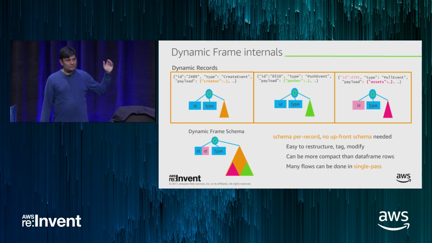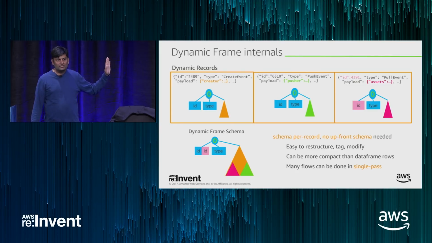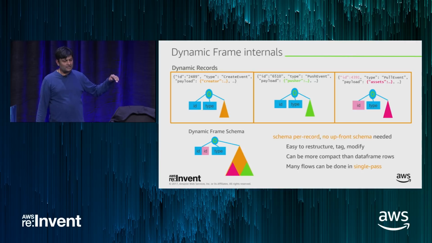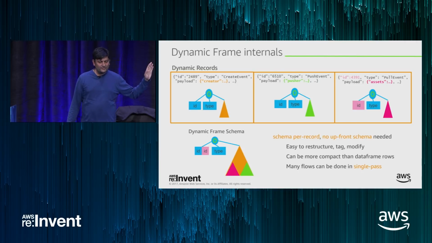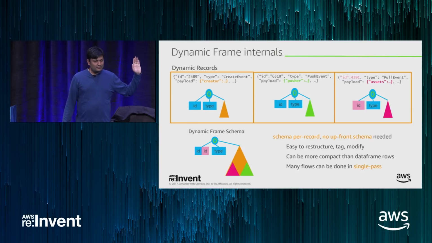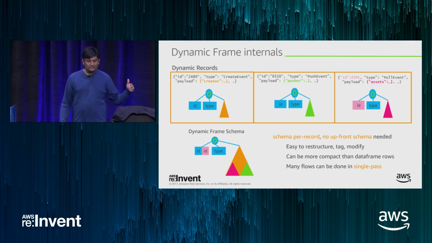Dynamic frames are basically a collection of dynamic records. I've given you a cartoonish version of the public GitHub timeline where you have 3 different event types: a create event, a push event, and a pull event. The top line there, ID and type, is shared among all of these events. And the bottom line, the payload, is very different from event type to event type.